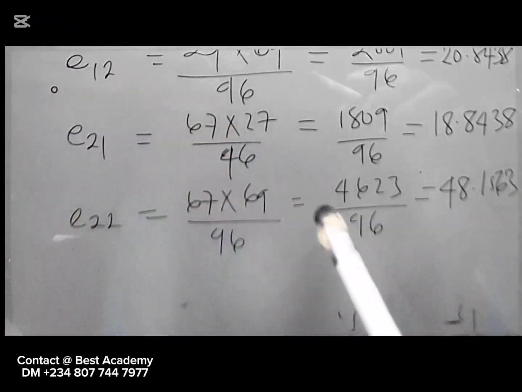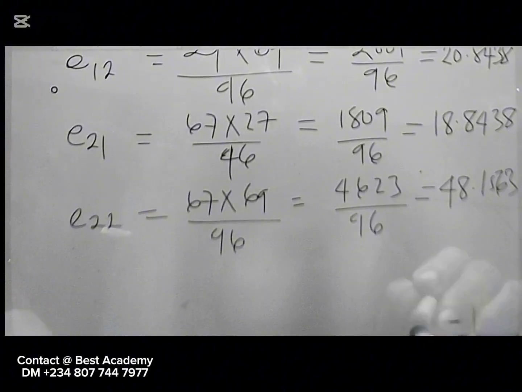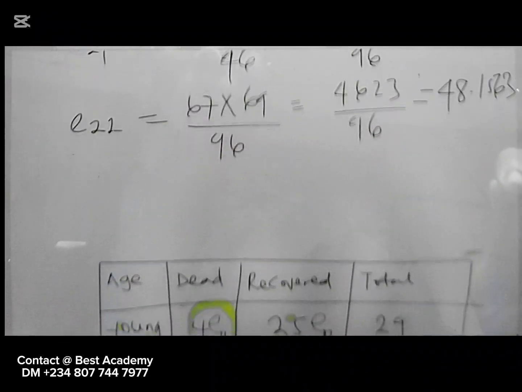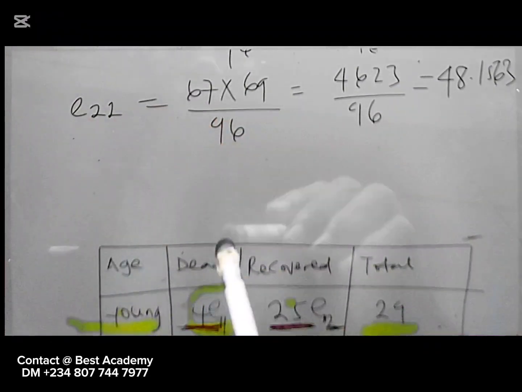Okay, so the next thing here is to substitute into the formula, that is the formula for chi-square calc. We all know that the formula for chi-square calc is this. Let me just clean this board, please.